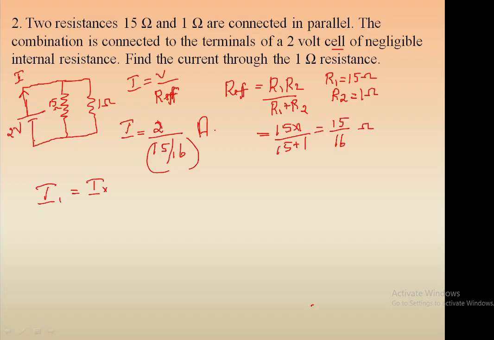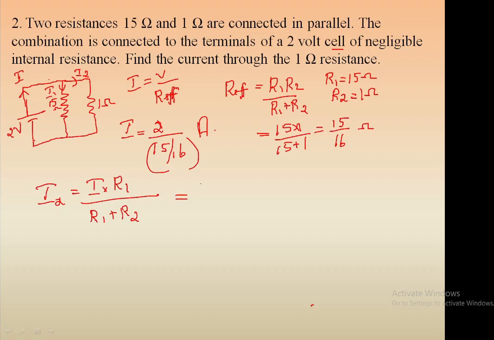Since we have to find the current through the 1 ohm resistance, let us call it I2. So I2 is equal to main current into R1 divided by R1 plus R2. Let us substitute.